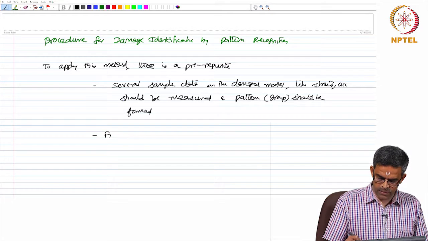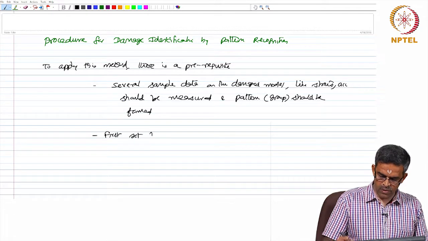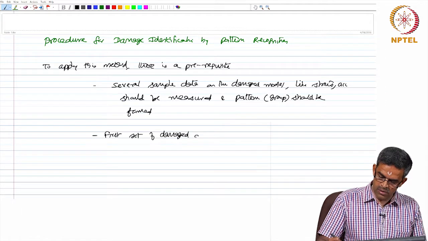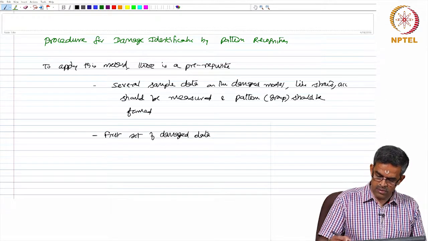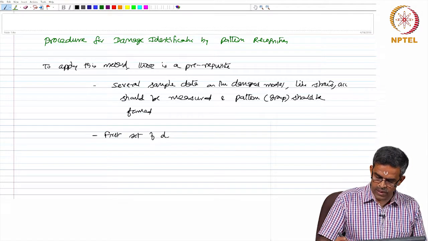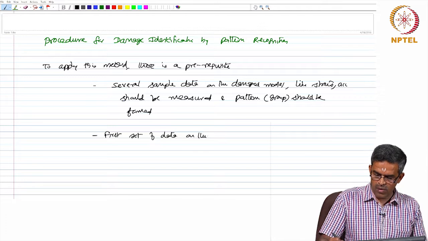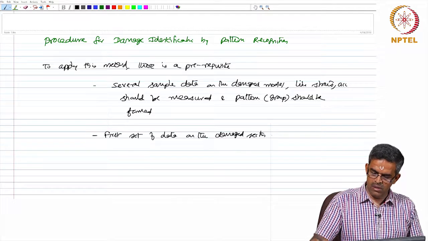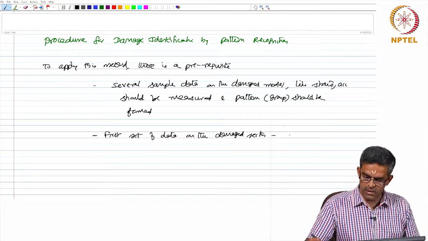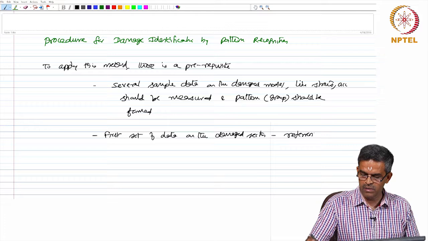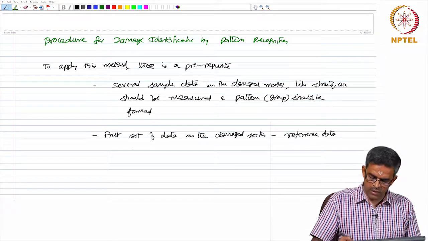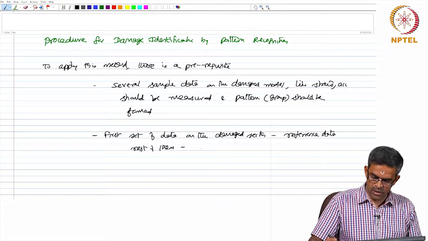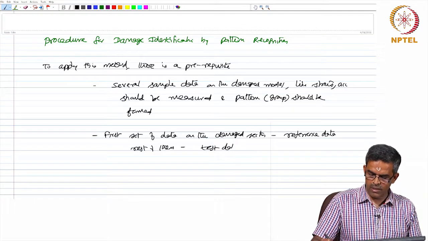The first set of damaged data, that is first set of data on the damaged section, can be considered as the reference data. The rest of the data can be considered as the test data.